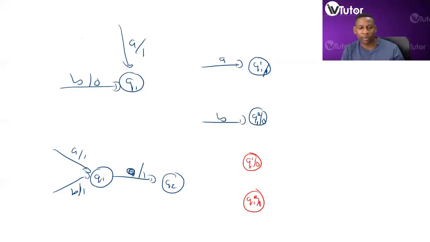I think I reversed the polarities there. So 1 and an output of a 0. So an A will take you to that, and the B will take you to that. And then now we have a state Q2, because we have a transition there.